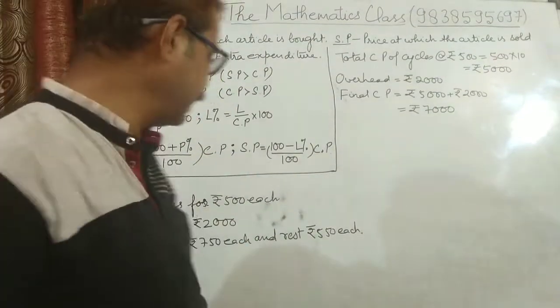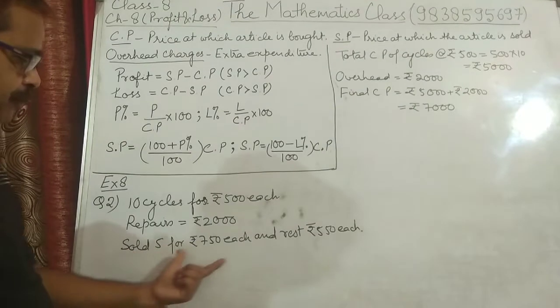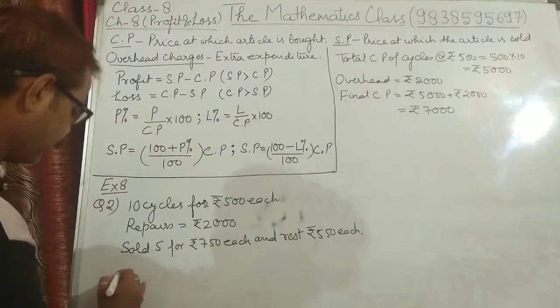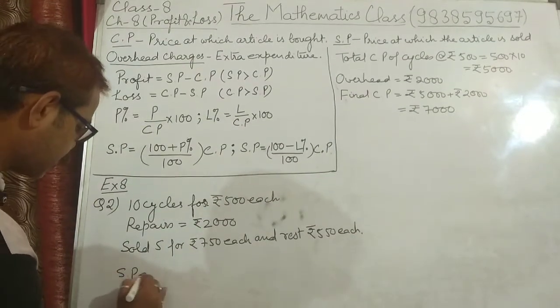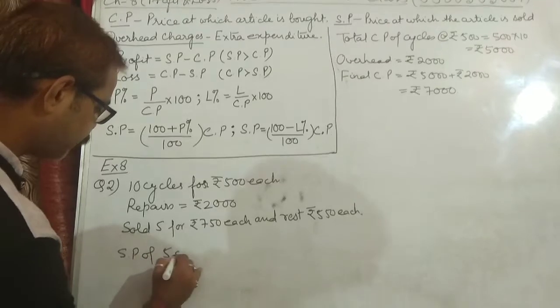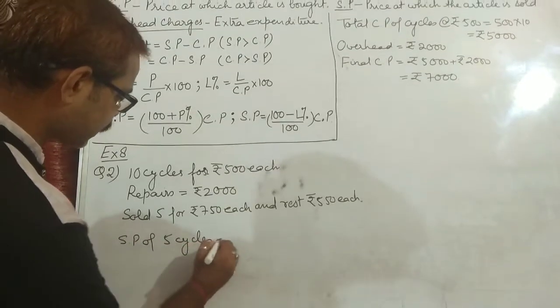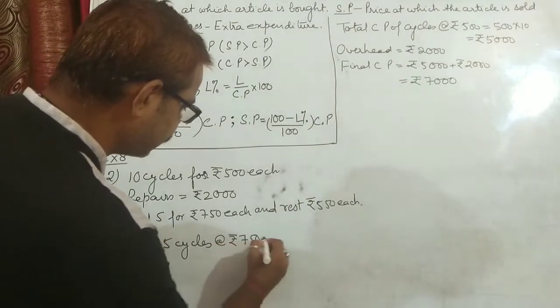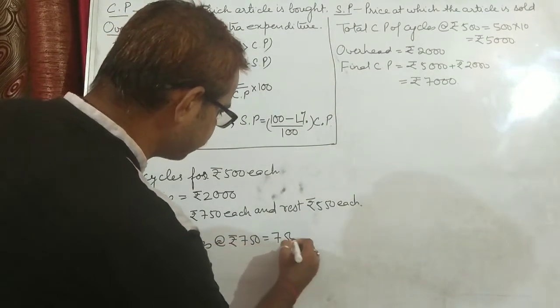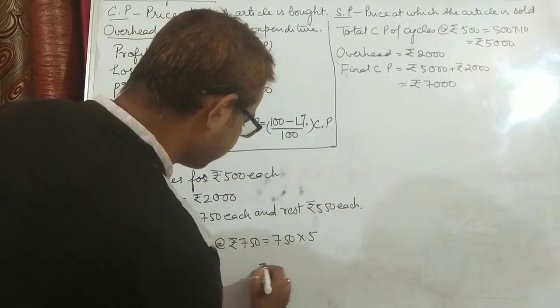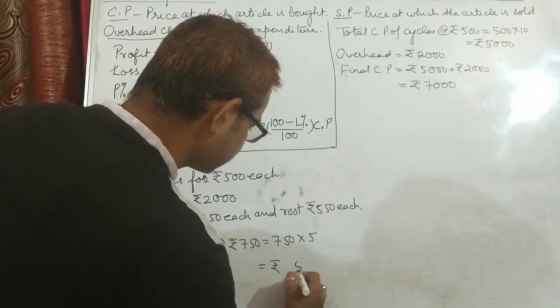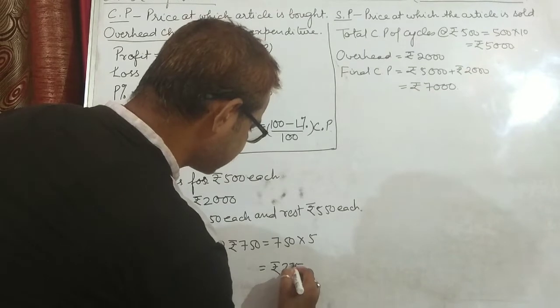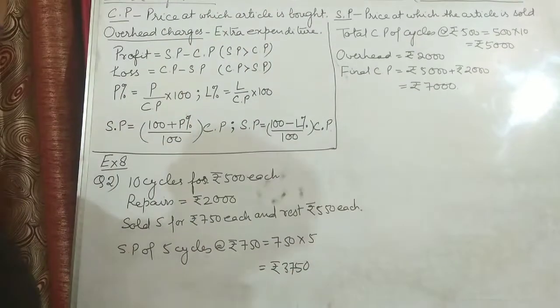Now when he's selling 5 for 750, the selling price of 5 cycles at rupees 750 is equal to 750 into 5, that is rupees 3750.